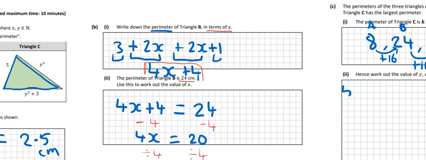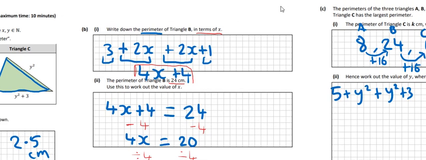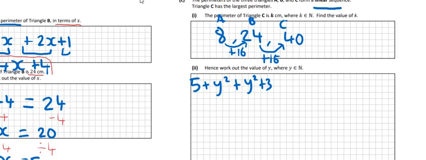So we're going to get 5 plus y squared plus y squared plus 3. So that's an expression for the perimeter of triangle C, and that has to be equal then to 40.